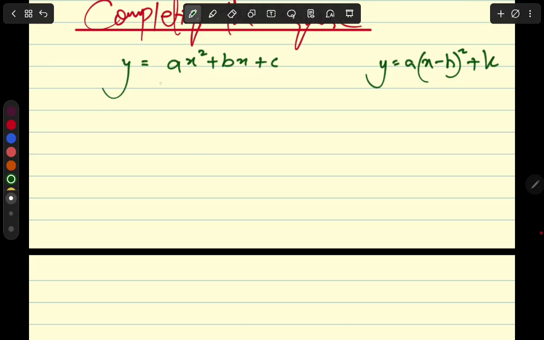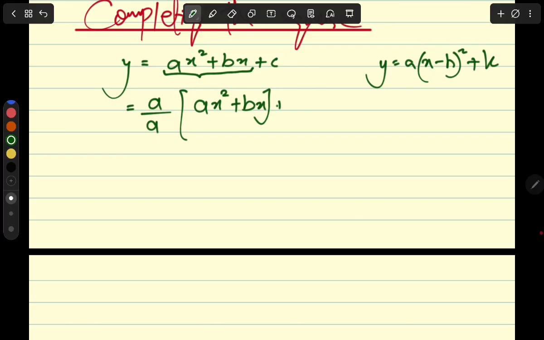So first of all, we need to isolate x squared from any of its coefficients, and whatever we isolate x squared from, we do the same from the second term as well. So what I can do is multiply and divide the first and second term by a. So this becomes ax squared plus bx, and you can see that it has not really affected the structure of this function because we just multiplied and divided by a.